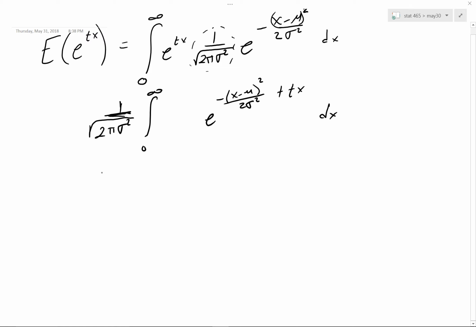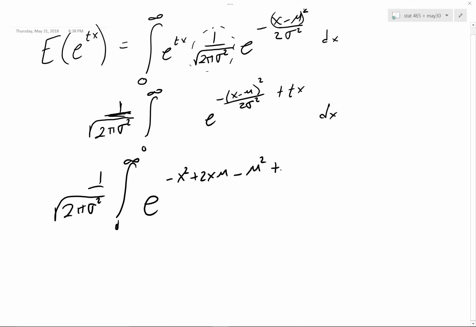So what I think I want to do is 1 over 2 pi sigma squared, 0 to infinity, e to the, okay, now if I FOIL this mess out, that's going to give me negative x squared plus 2x mu minus mu squared plus, and then I'm going to get a common denominator, so it's going to be 2t sigma squared x all over this denominator. Does that make sense?